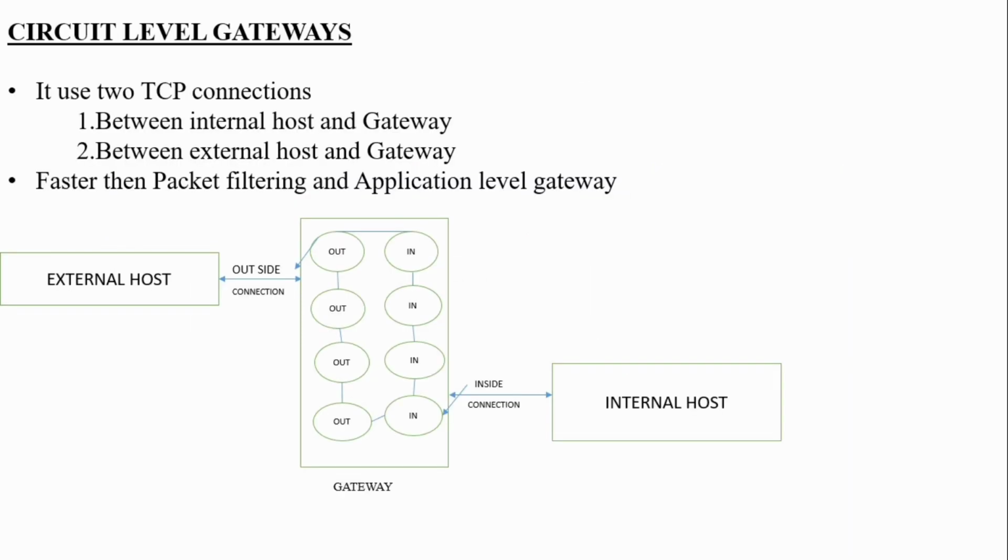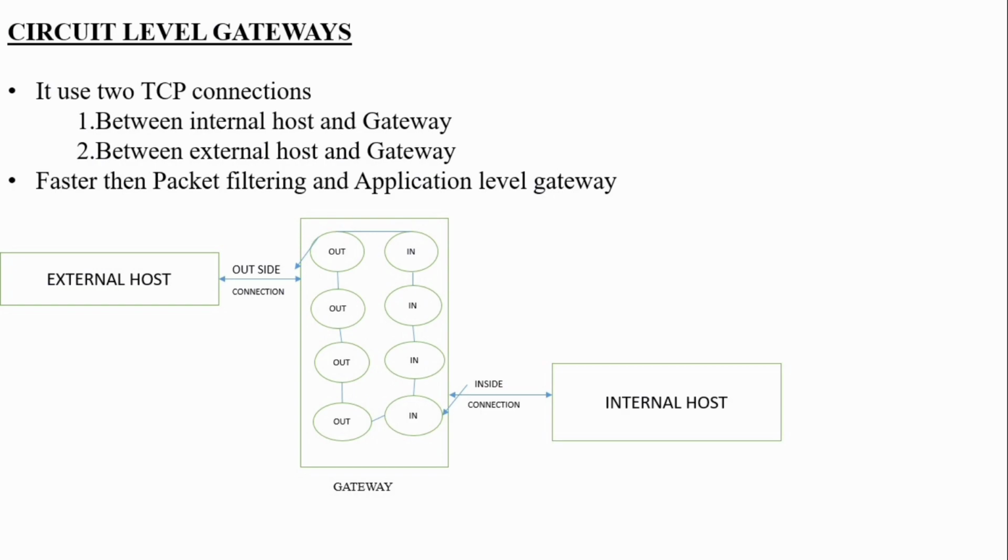Next we have the circuit level gateway. It uses two TCP connections: one between the internal host and the gateway, and one between the gateway and the external host. It is faster than packet filtering and the application level gateway. The internal host is the inside connection and the external host is the outside connection.